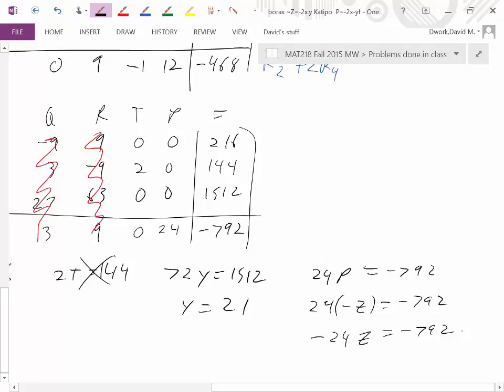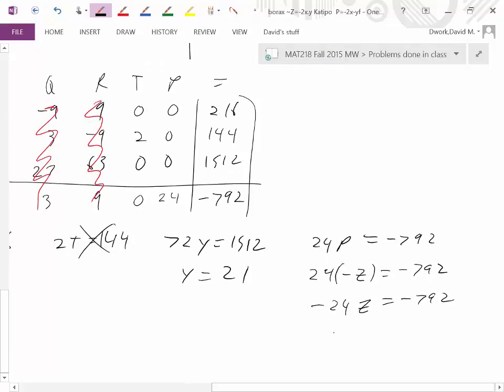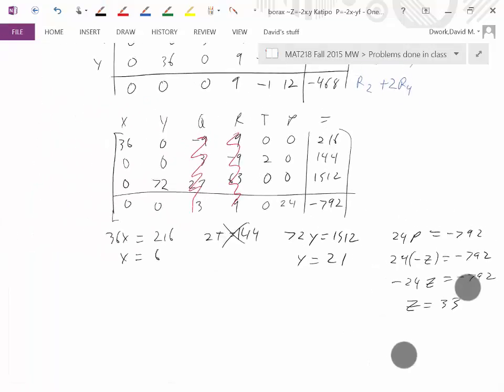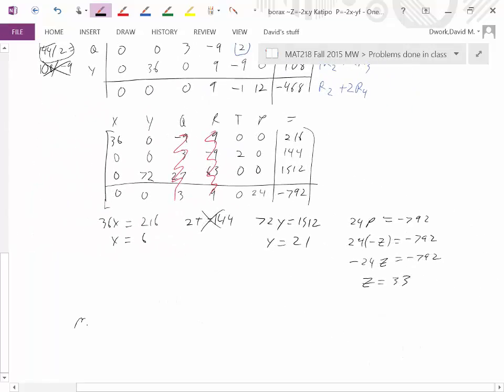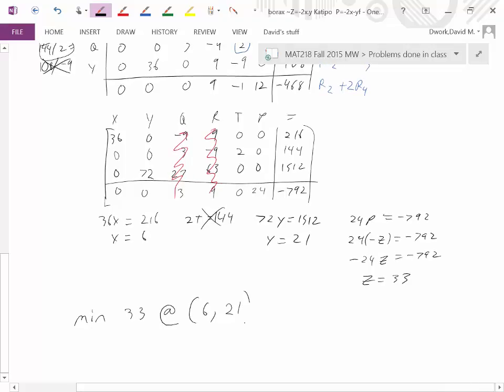So negative 792 divided by negative 24 means z is equal to 33. So what we can say now is we have a min of 33 at 6,21.